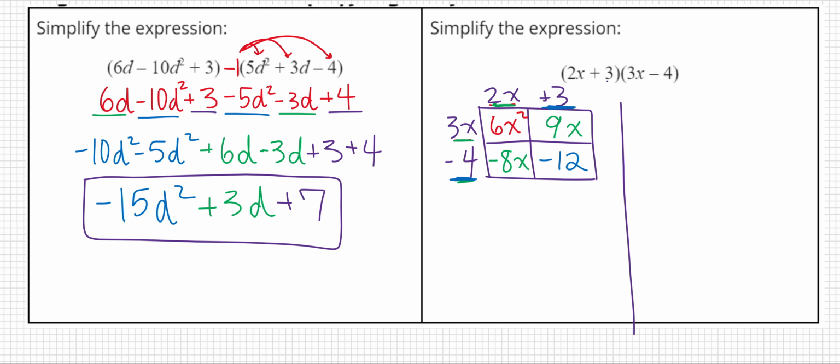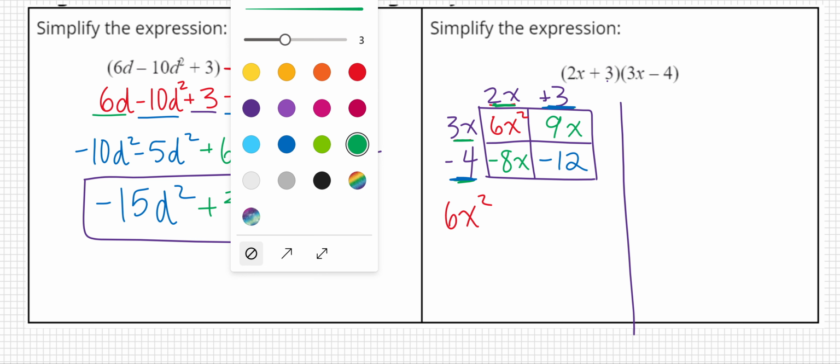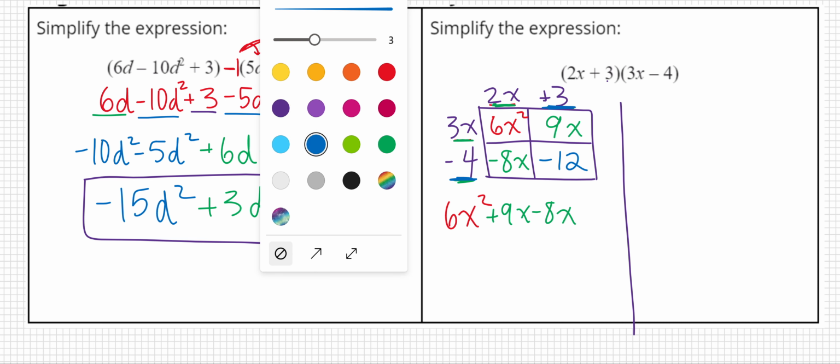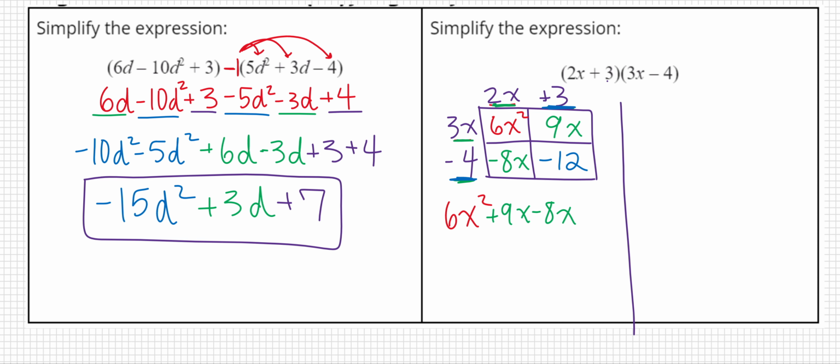Then I'm going to group and combine like terms. Starting with the top left, I have 6x squared. Then I list the terms that I have with just x: positive 9x and negative 8x. The last term is in the bottom right, and that's a negative 12.